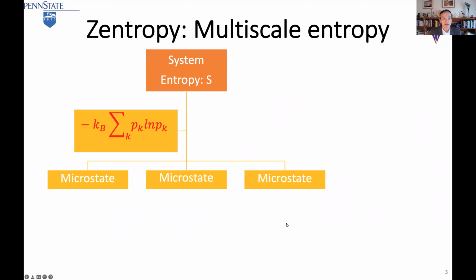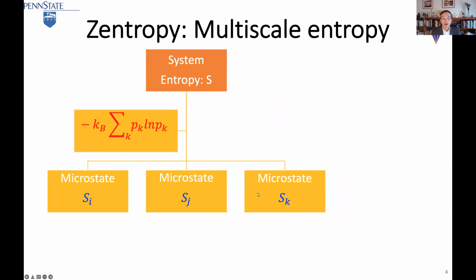Let's discuss what Zentropy theory is really about. It's about the multiscale entropy of a system. The system consists of different microstates, so we have a configuration entropy from the different microstates. However, each microstate also has its own entropy.